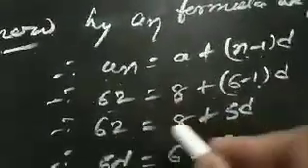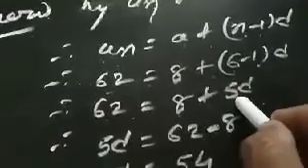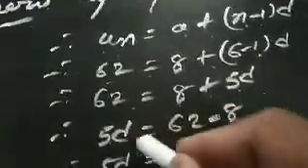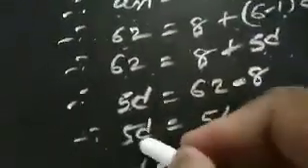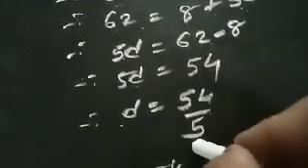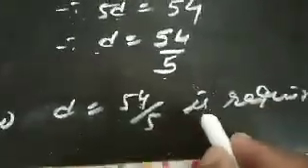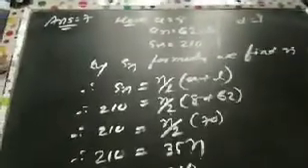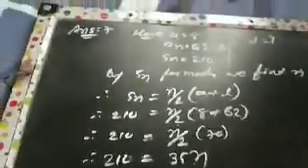So 62 is equal to 8 plus 5d. Now 5d is equal to 62 minus 8, so 5d is equal to 54. So d is equal to 54 upon 5. This is our required value. So answer 7 is over. Learn these two sums again.